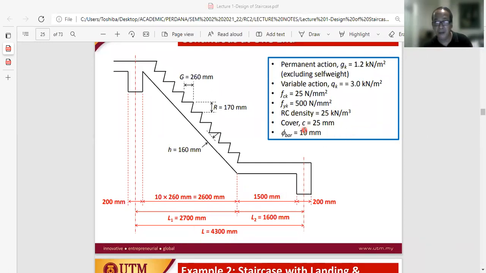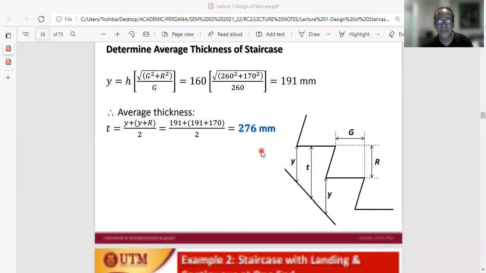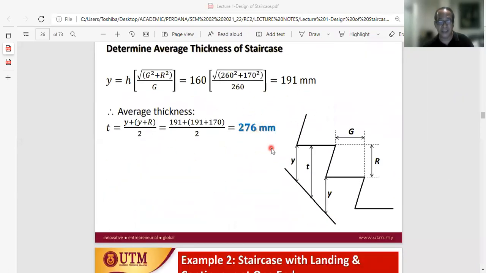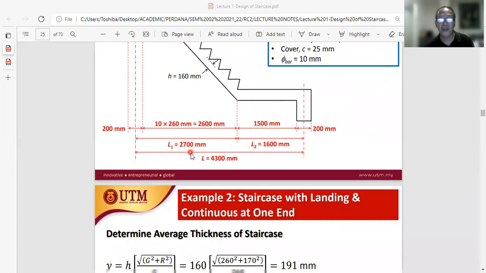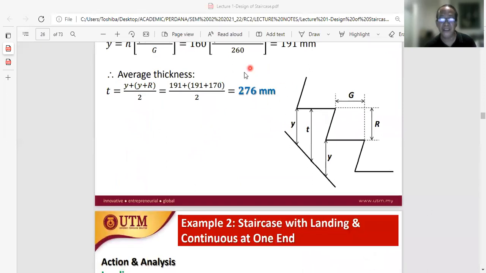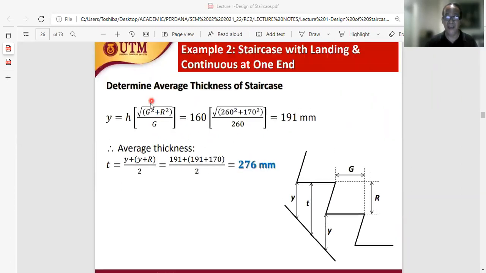And if we have a look at this solution, okay, this is the process similar to what we have done earlier. Based on 160 mm thickness, we have an average thickness of approximately 276. The same calculation is applied, R squared plus G squared, square root of all, divided by G times H, we get the value Y, about 191.